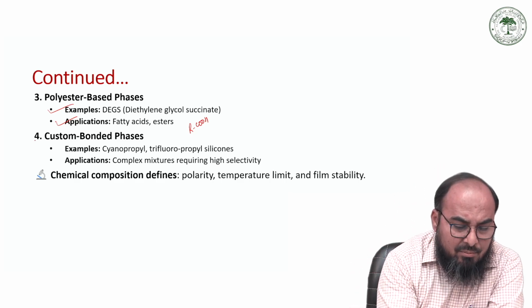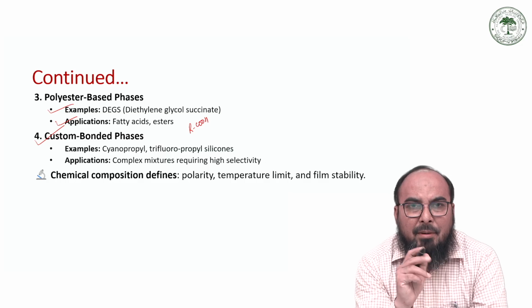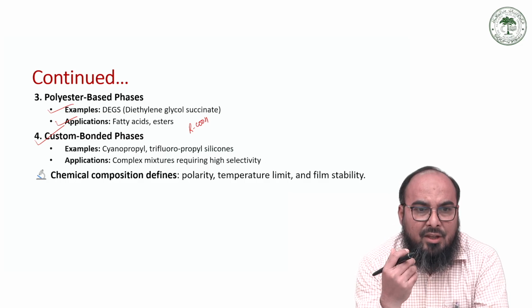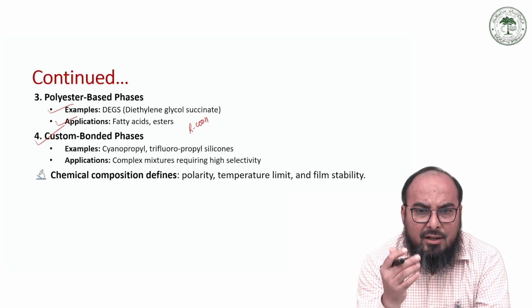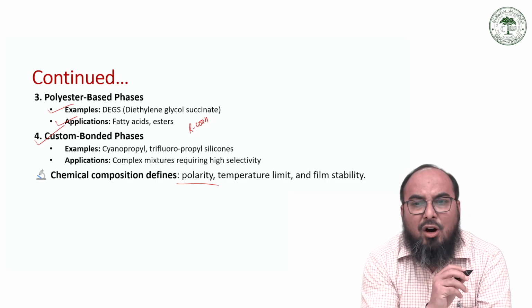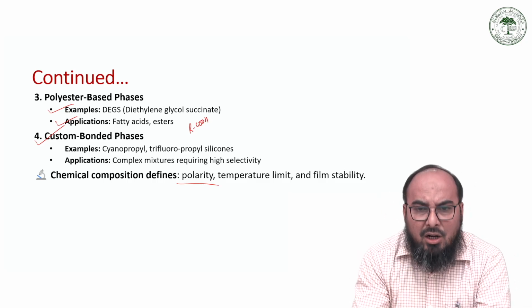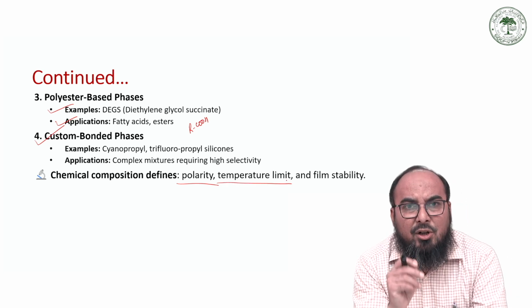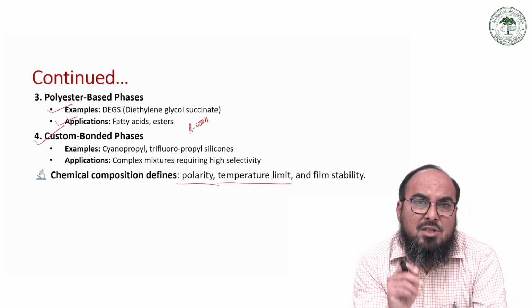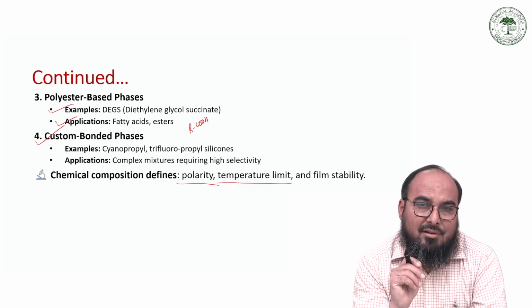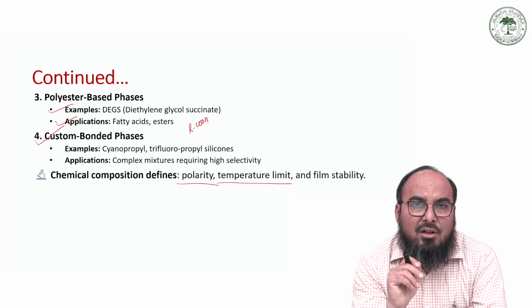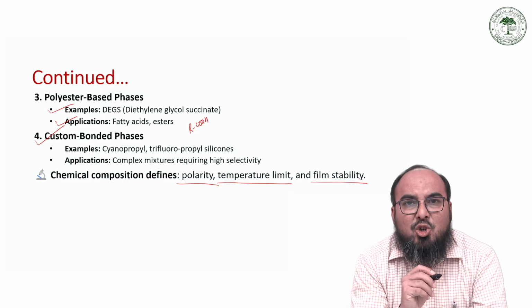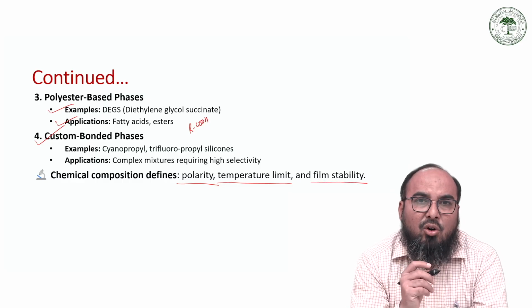So, these are the custom based, depending upon the nature of the chemical structure of the analyte. So, what are the important factors? That is polarity. You have to look at the polarity. Similarly, you have to look at the temperature limit of the stationary phase, and it must be 100 degrees greater. Otherwise, column bleed occurs. Similarly, film stability. That is, it should be stable. It should not go along with the analyte.